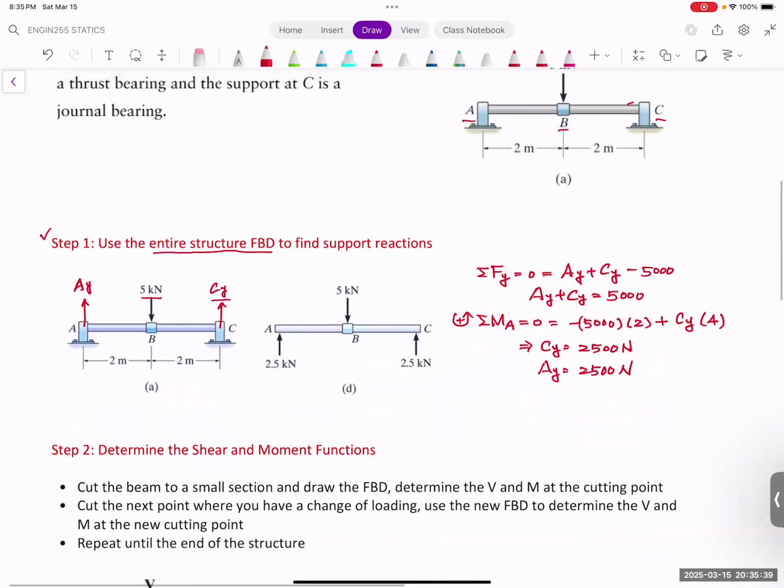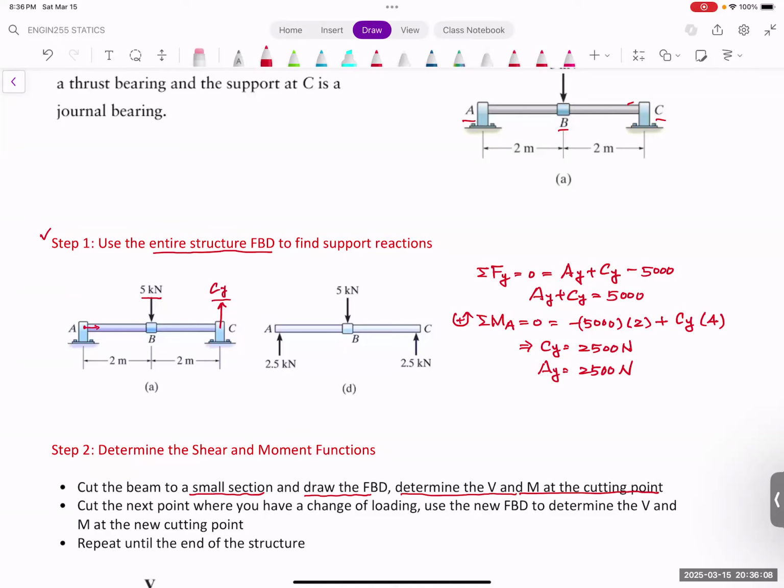Now, the second step after you finish this is that we're going to cut the beam into smaller sections. And then we're going to draw the free body diagram, and we're going to determine what is the N and the V at that cutting point. So if we start from the point of A, we're going to slowly go to the right.